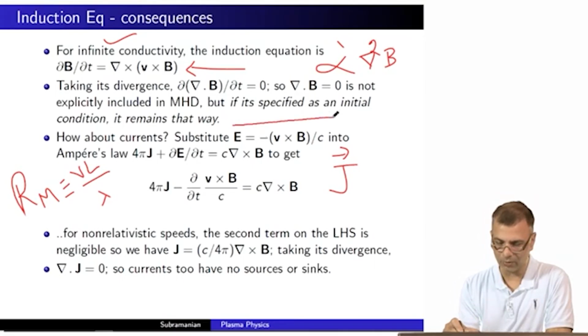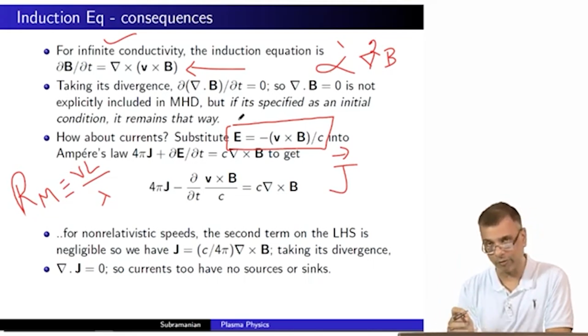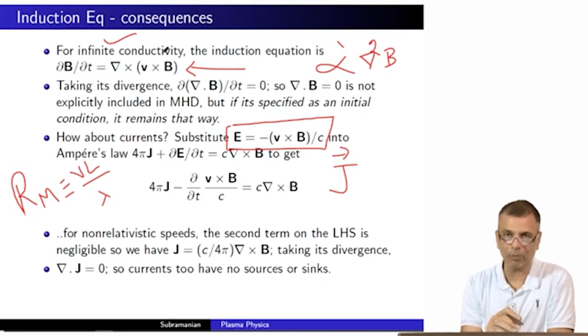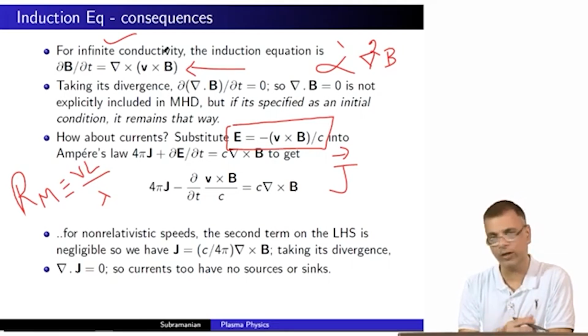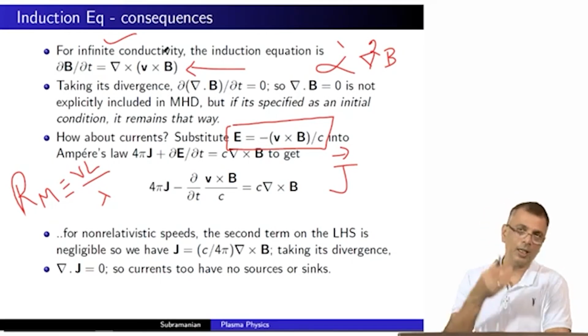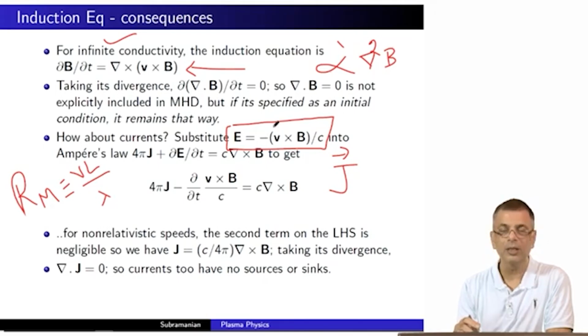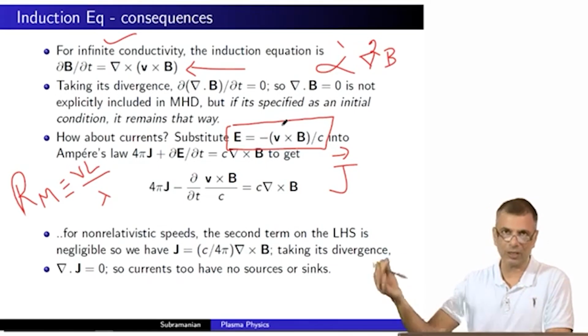E equals, so this is the electric field in the lab observer's frame, right? In the fluid frame there is no electric field. If the plasma is infinitely conducting, in the fluid frame, by definition there cannot be any electric field. However, in the lab observer's frame, and it's only in the lab observer's frame that this makes sense, because you have the appearance of a V. It's only for the lab observer that you have a finite velocity for the plasma, right?